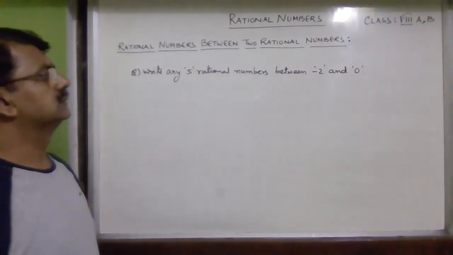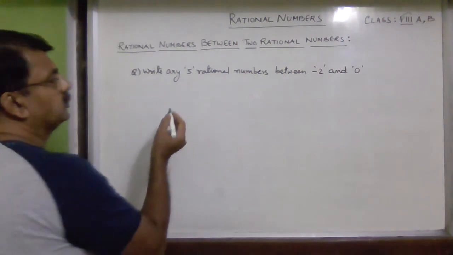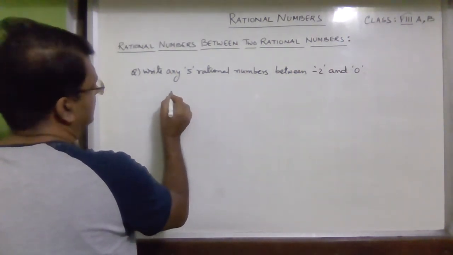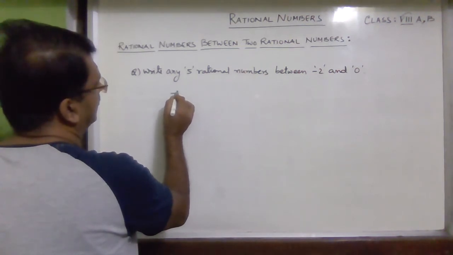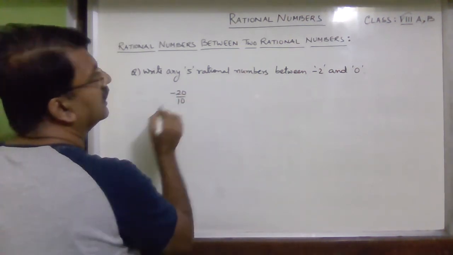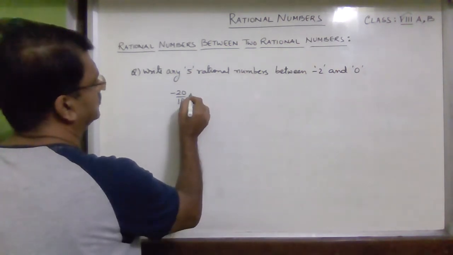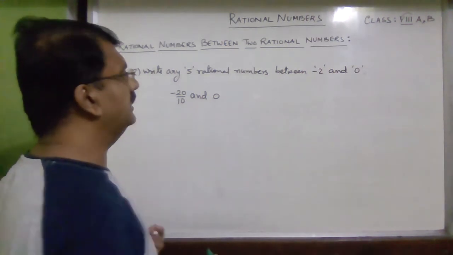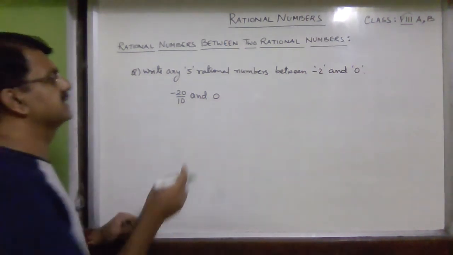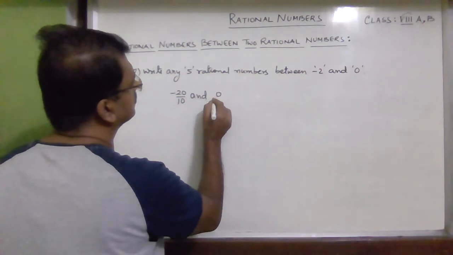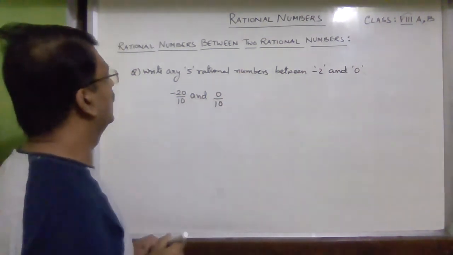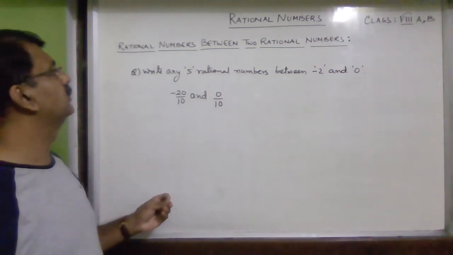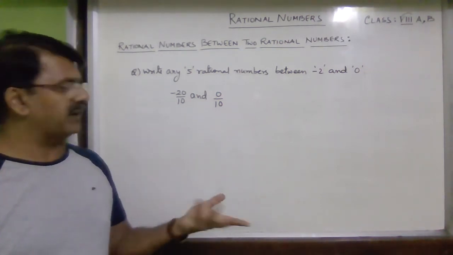Now you know that -2 can be written as -20 by 10 and 0 is 0 only, or you can say 0 by 10. Now between -20 and 0 you have to write any 5 numbers.